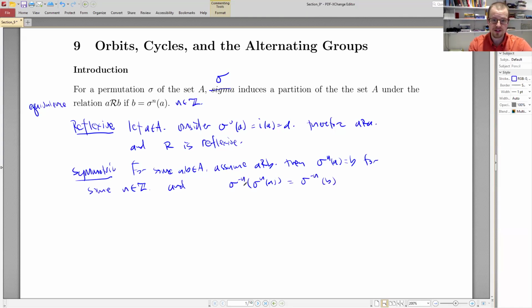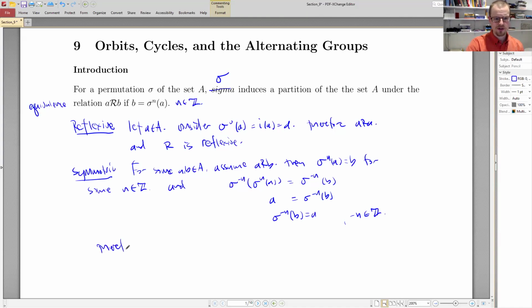And of course, this is inverse functions. Sigma is a function, so the composition of inverse functions gives us back what we started with, a, which is equal to sigma to the negative nth power of b. Negative n, of course, is still an integer.